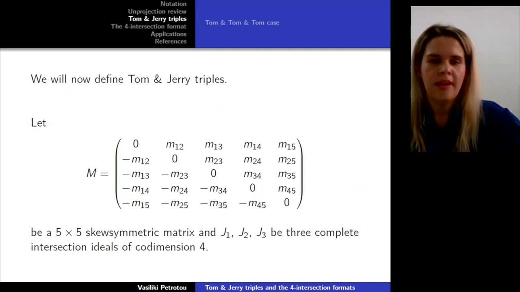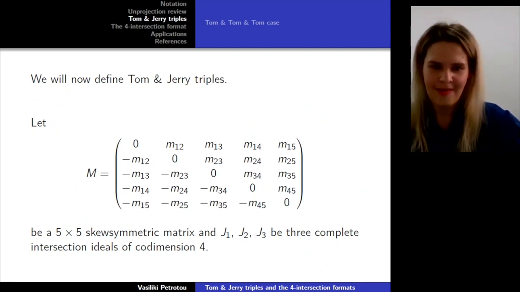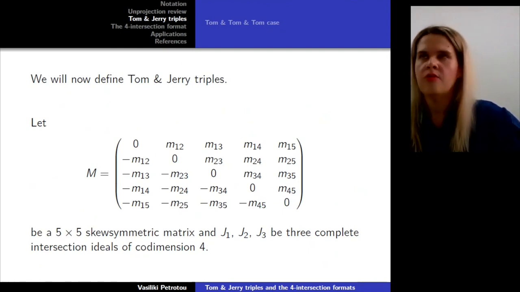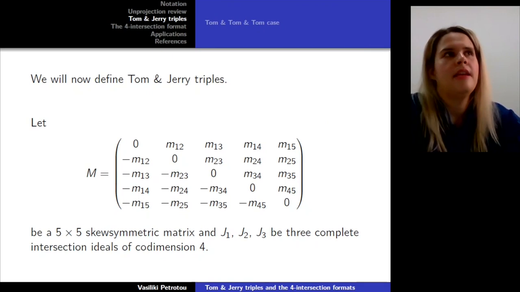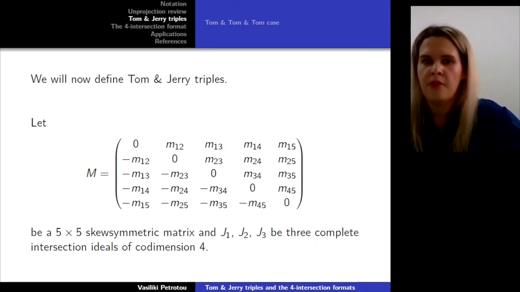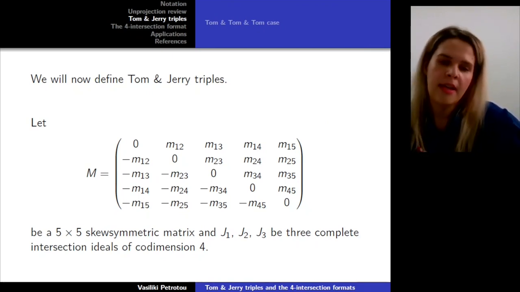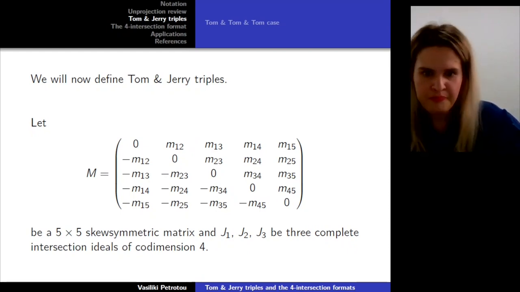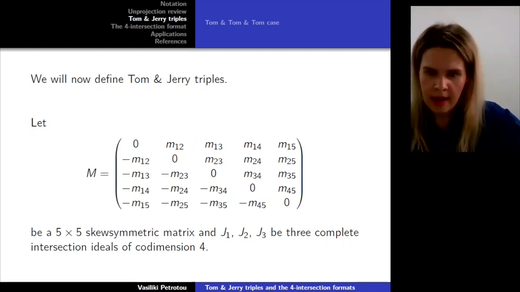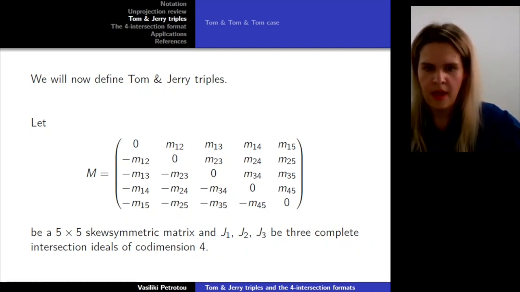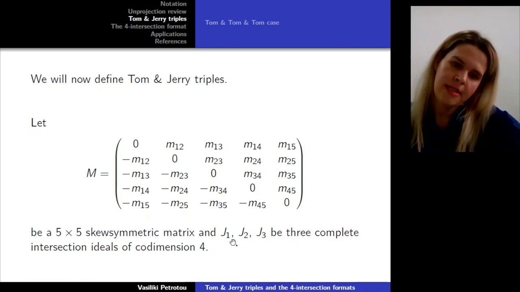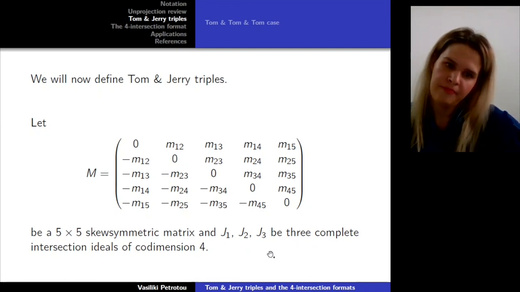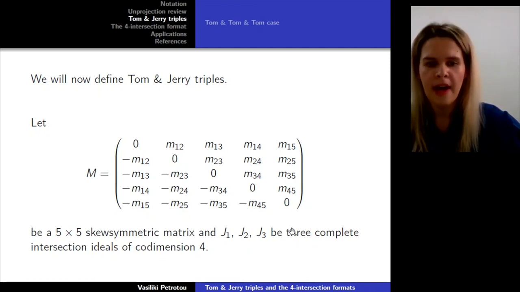Okay, I think now that we are ready to define Tom and Jerry triples. But before I give the strict definition, I want to discuss a little bit which question this format answers and why it's maybe useful. Assume now that we have three complete intersection ideals of codimension 4 that we denote by G1 up to G3, and a 5 times 5 skew-symmetric matrix.